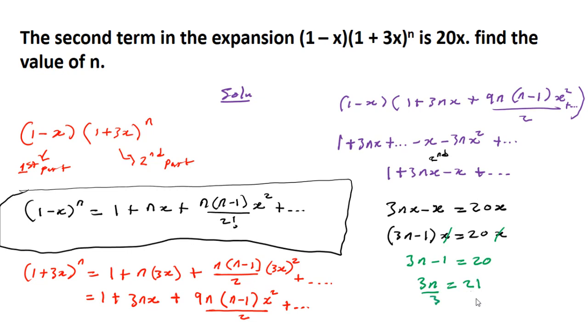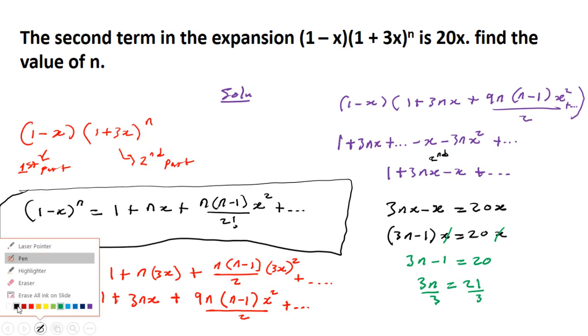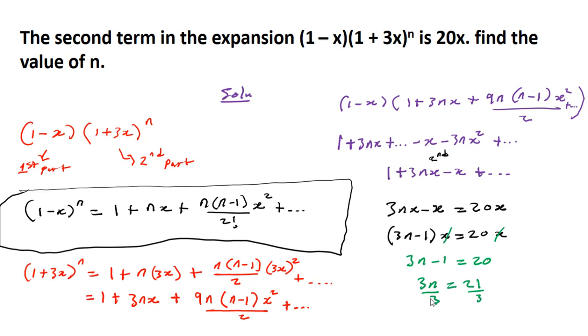When you divide throughout by 3, what is your n? In this case, our n will simply be equal to 7. So n is simply equal to 7. That's how easily you can work out this simple question.